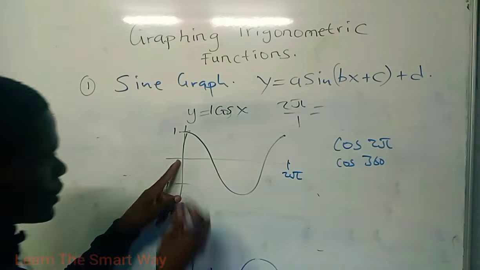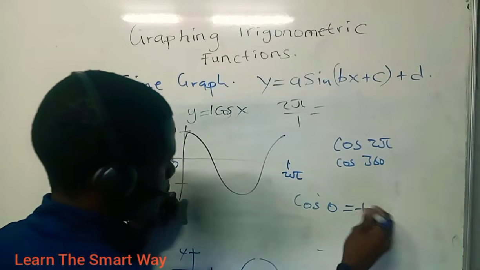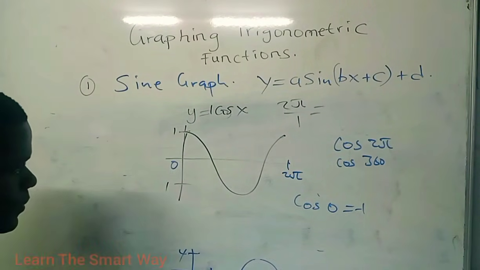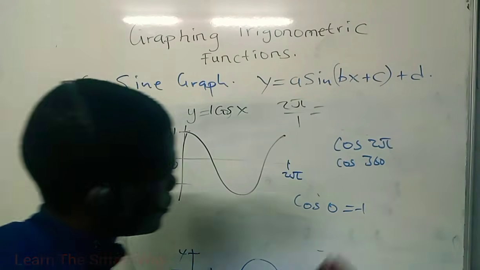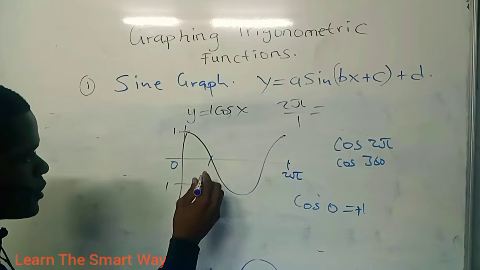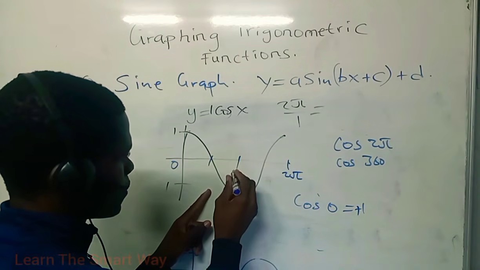And when you look at cosine 0 there, it's also equal to 1. That's why cosine graph starts from the top there, because cosine 0 is 1, not 0, not -1. Yeah. So you have this point, which is going to be, first of all, the 2 pi divided into half, which is going to be pi.